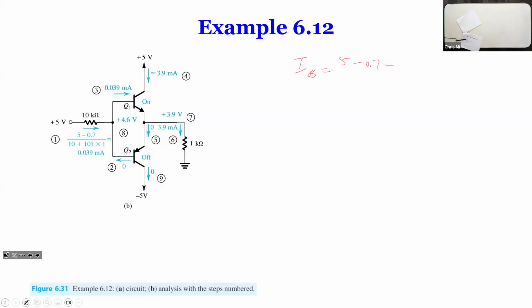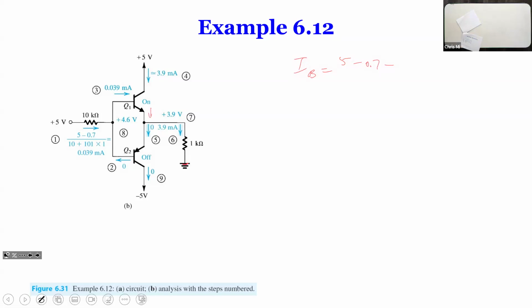So there's this resistance over here. Because the bottom is off, the current over here is IE. Right. So let me see, IE.